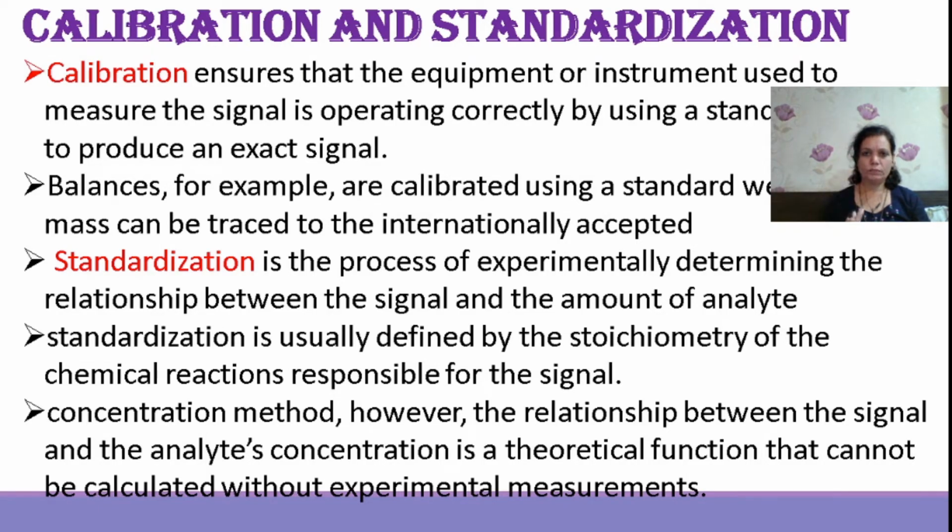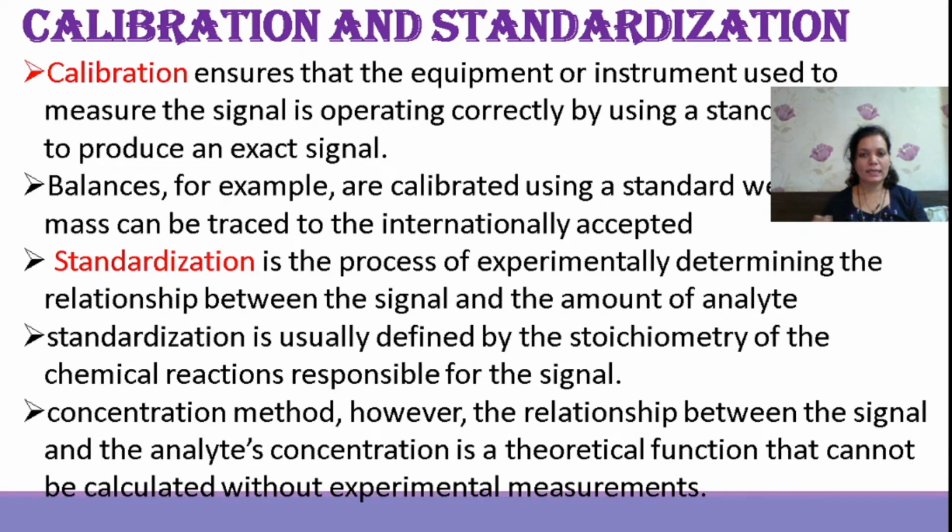So if you wash the burette and fill the burette up to the 0 mark, suppose it is marked 0 to 25, you take a pre-weighed beaker in which you will drain the water from 0 to 25, weigh that on a balance which is calibrated, and if it is showing me exactly 25, then your burette is calibrated.